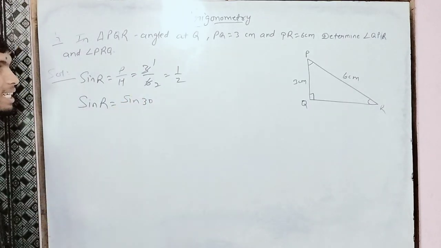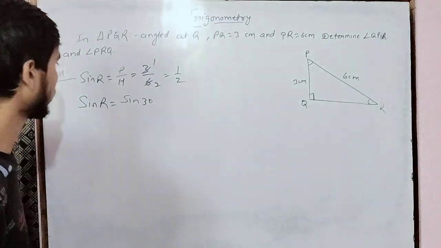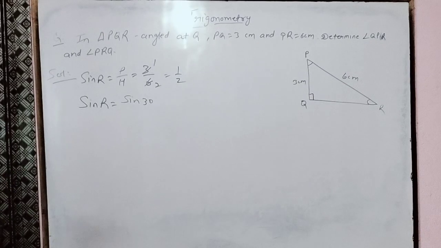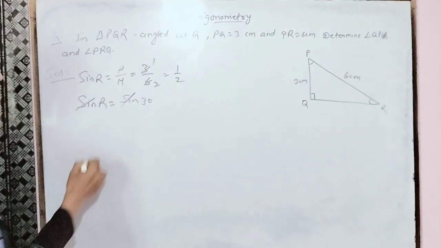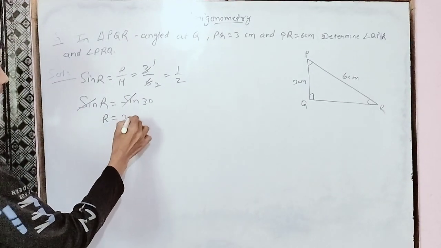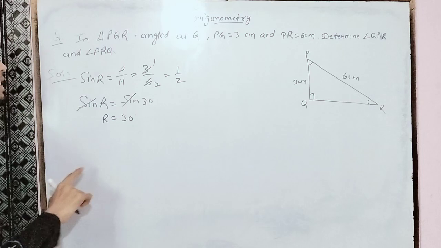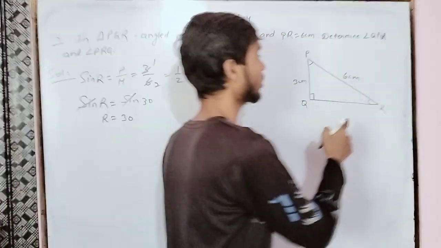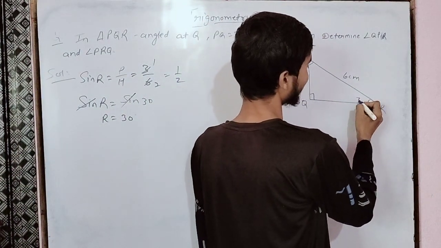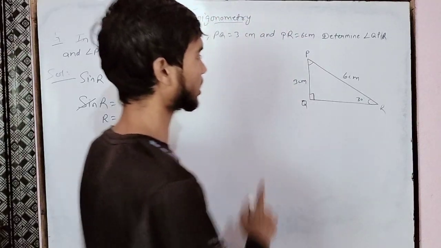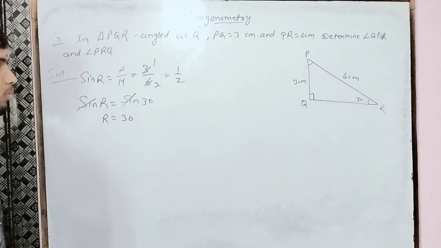The value of sine 30 is 1 upon 2. Now we will simplify it. So it will cut and we got what? R as 30. This answer is saying the value of this theta is 30. Clear? The value of this theta is 30.